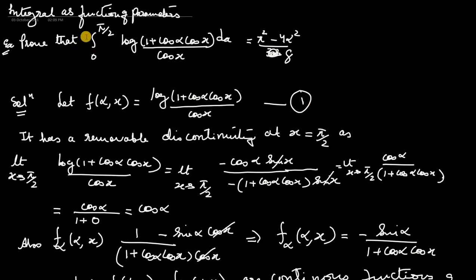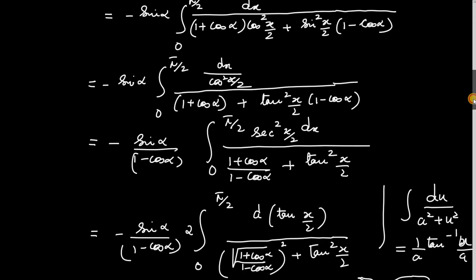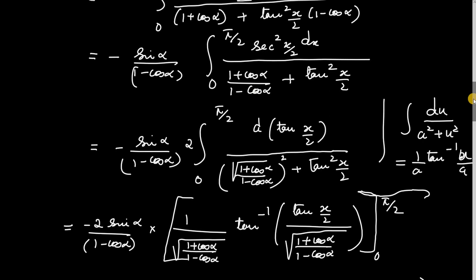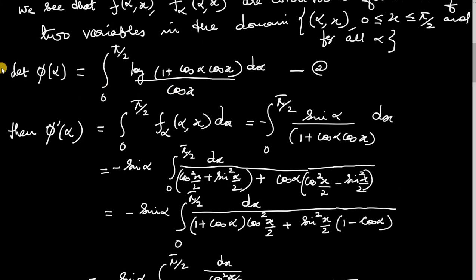Now next step, you denote this integral phi of alpha to be integral 0 to pi by 2 log of 1 plus cos alpha cos x by cos x. And then by using the theorem that we have proved in the integral as function of parameter, if the function f alpha x and f suffix alpha x are continuous, then in that case the differentiation under the integral sign will be valid.